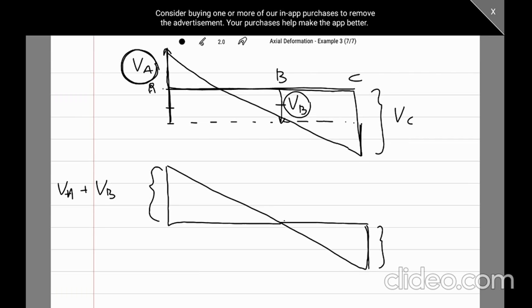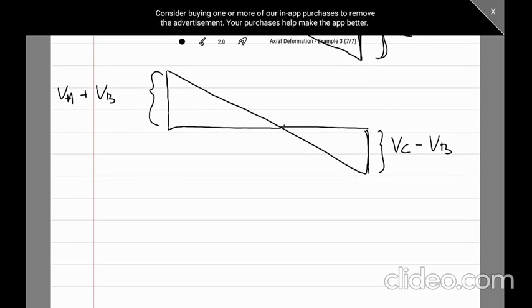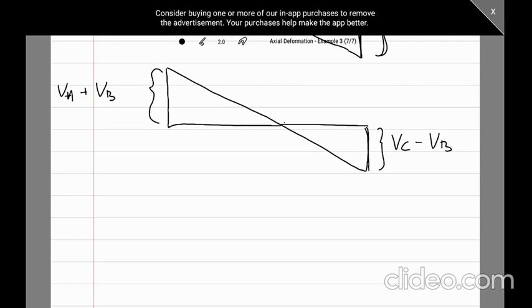So the whole length here is VC, so VC minus VB. Alright, now we can write the ratio.